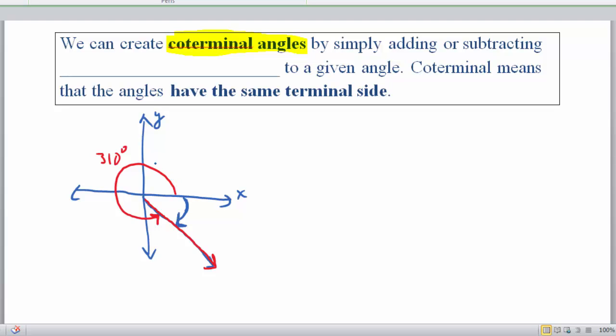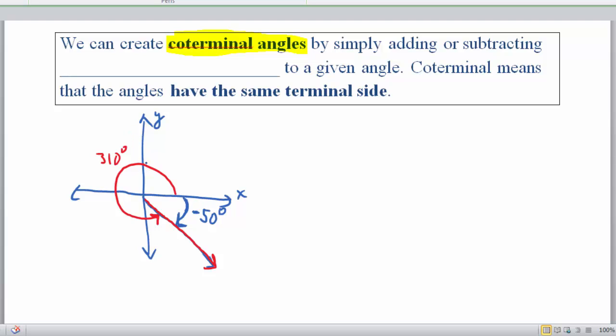If you connect this red line with this blue line, you formed a complete circle, so this should be a total of 360. But here, since I went clockwise, this is actually a negative angle. And what's the difference between 310 and 360? It would be 50. So this would then be a negative 50 degrees, right?